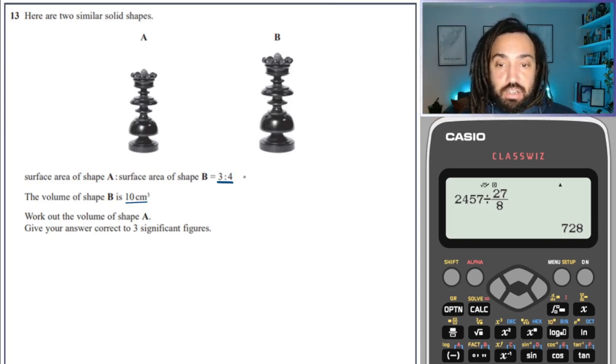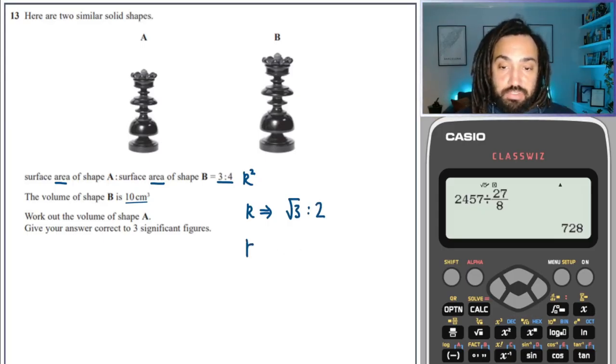So these are the k-squared ratio because we're looking at area. So if I were to square root both of these, that would give me the k ratio, which would be the square root of 3 to the square root of 4, which is 2.